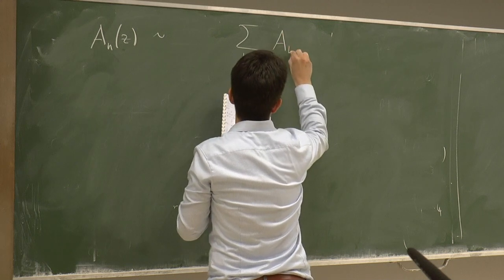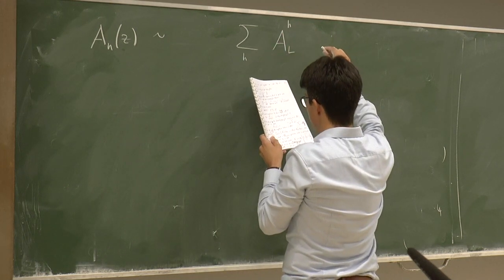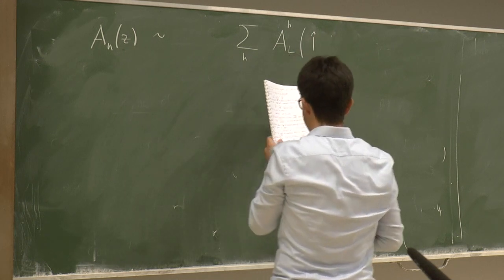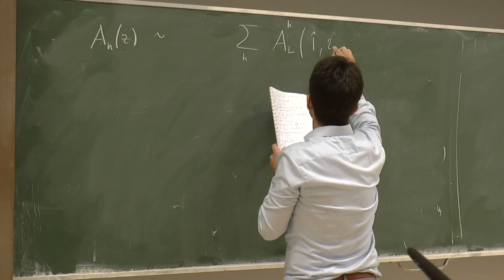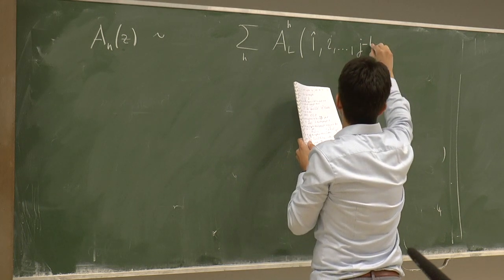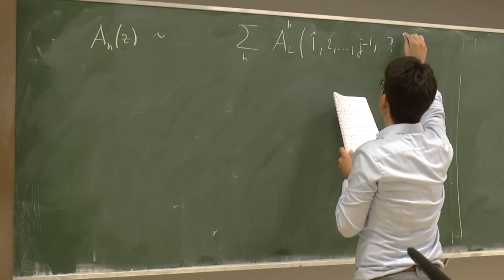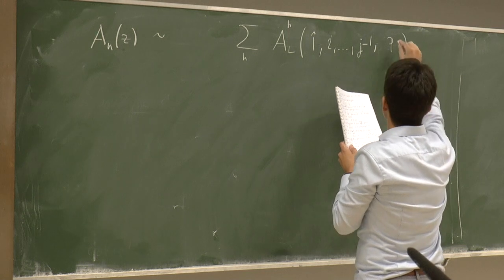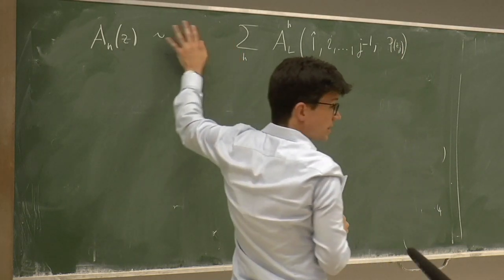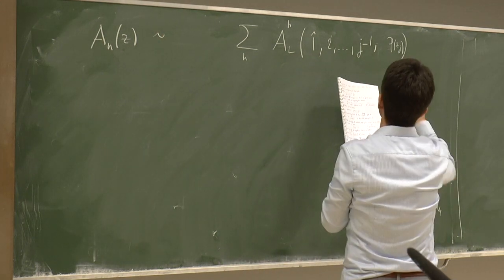We have an amplitude A left, which depends on this helicity, where we shifted particle 1, and we have particle 2. This goes up to j minus 1. And then we have this on-shell momentum, which is evaluated at zj. I left a bit of space here to complete, but see about that.